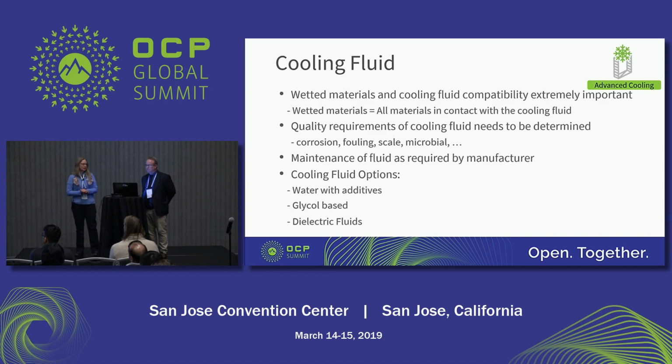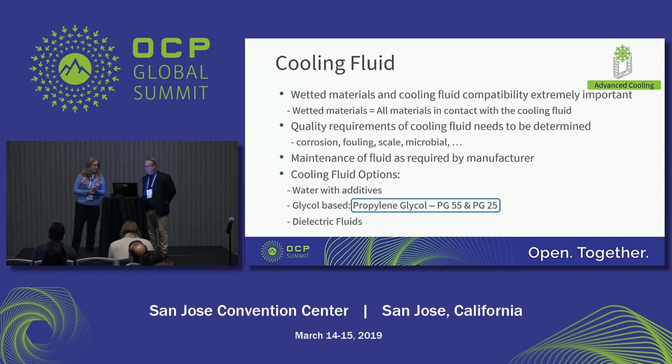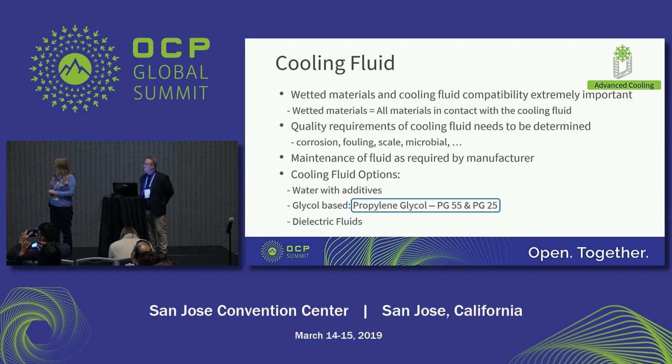You need to work with the fluid manufacturer in order to understand what the maintenance requirements for the fluid are. And the cooling fluid options that we have here are water with additives, glycol-based or dielectric fluids. And the one that Intel has chosen to work with is propylene glycol. And we're choosing PG55 and PG25. So 55 is the 55% glycol. We use that for storage and shipping. And the PG25 we use for operational conditions.